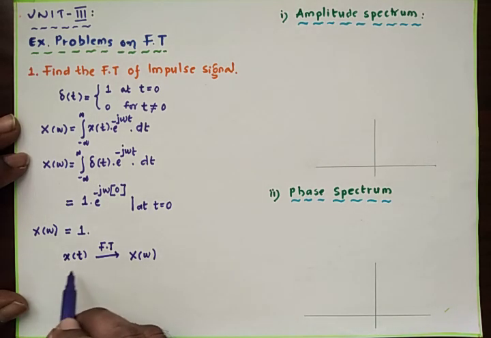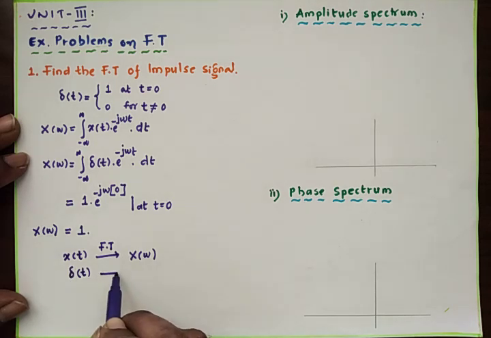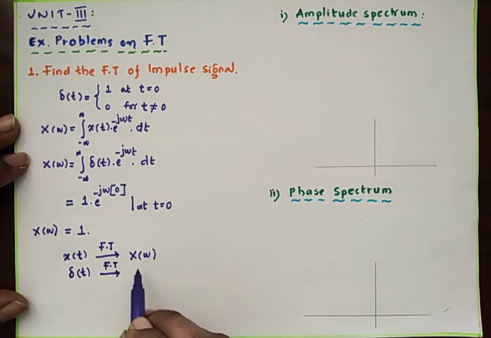In place of x of t, we substituted delta of t, a unit impulse signal, on which we applied the Fourier transform.